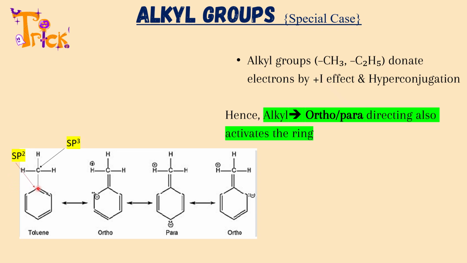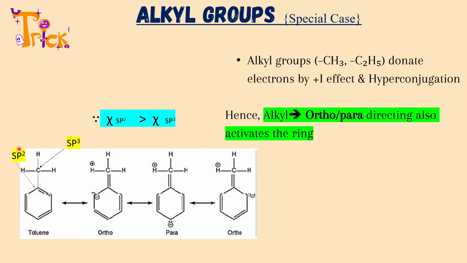And according to the concept that we have learned in our previous standards, we know that the electronegativity of the sp2 hybridized carbon atom is more than that of the sp3 hybridized carbon atom. Hence, this particular carbon will continuously pull the electrons from this group. So we can say that this group is actually donating its electron density to the benzene ring.